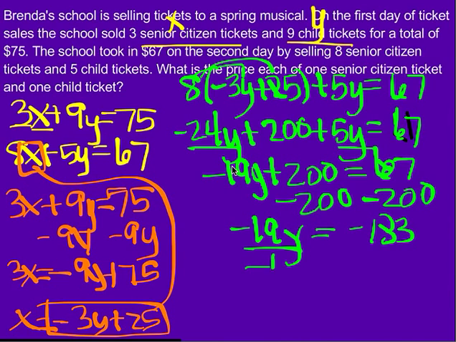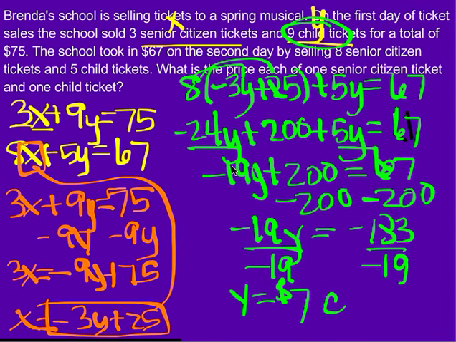So then I'm going to divide both sides by negative 19, and I get that y is equal to $7. Now, if you remember at the beginning, I talked about the y representing the child. So it's going to be $7 for the child ticket.